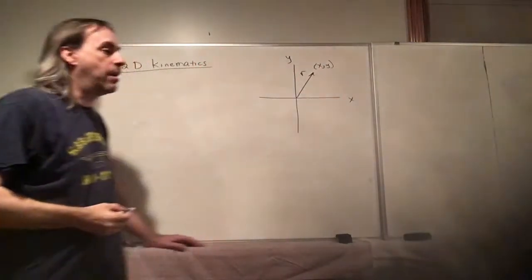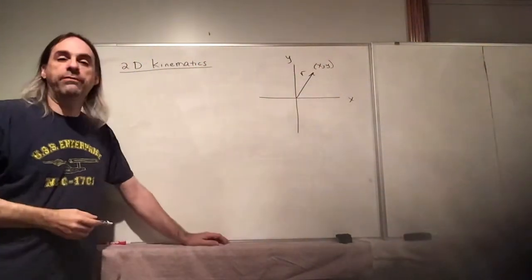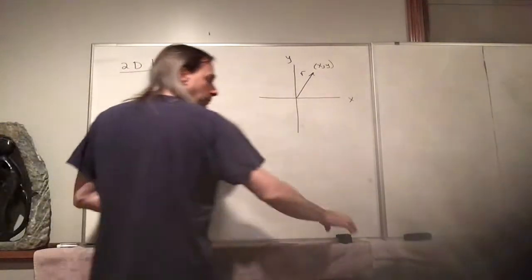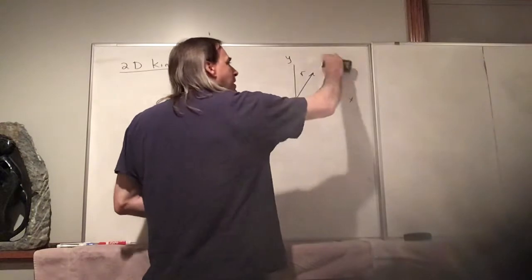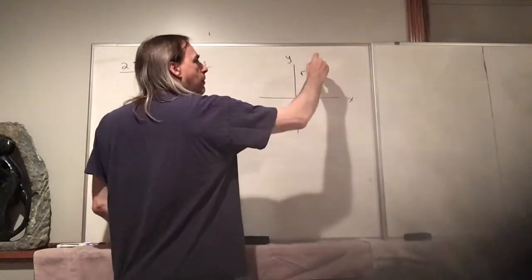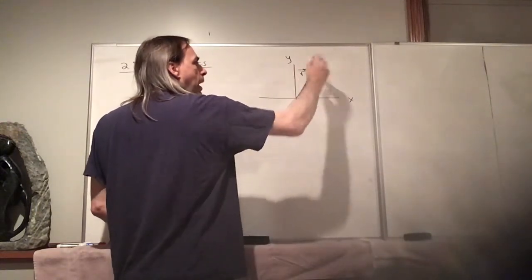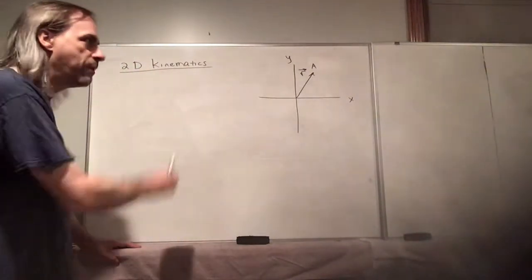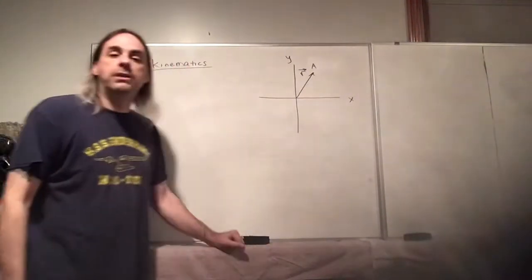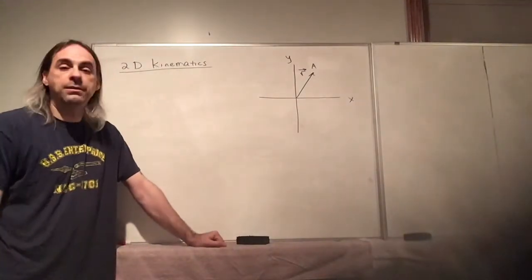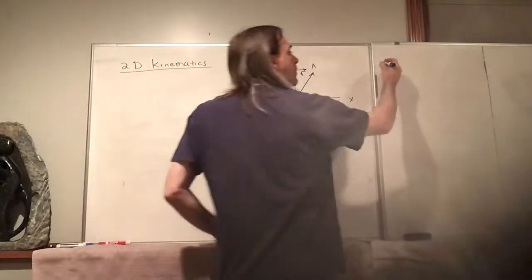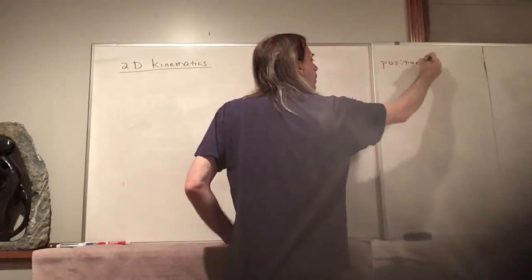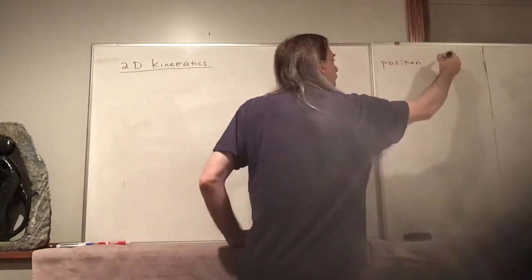And we usually call that r for a radial vector. Let's say this is just point A, and it's described by this radius vector. Again, if I give you that vector r, you know exactly where this object is. So position is defined by this radius vector r.